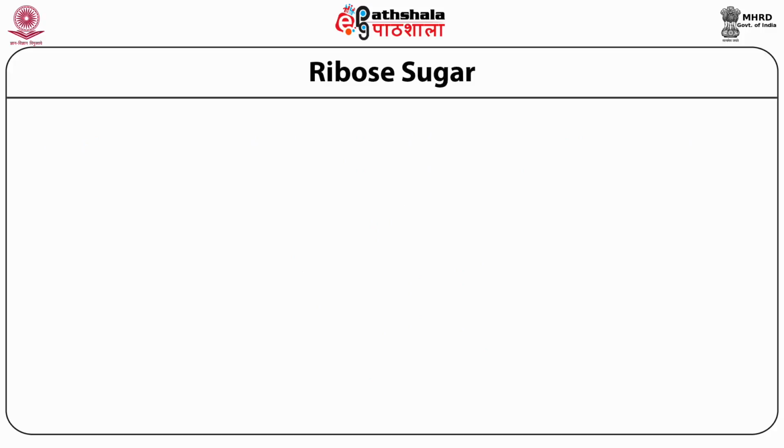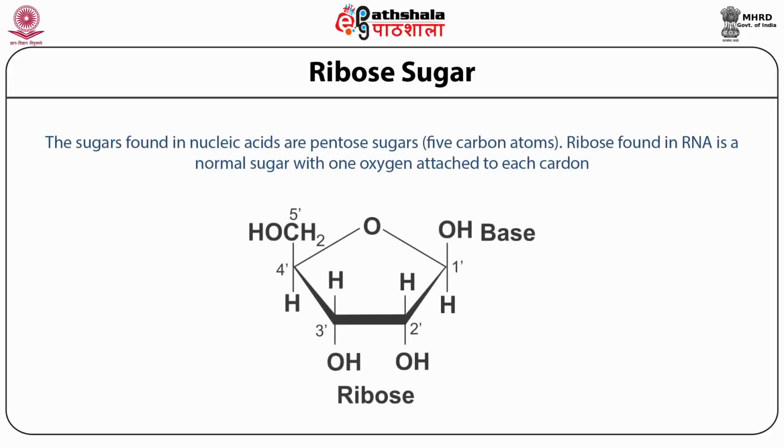Ribose sugar. We show in this picture the ribose sugar. The sugars found in nucleic acids are pentose sugars with 5 carbon atoms. Ribose is found in RNA and is a normal sugar with 1 oxygen attached to each carbon atom.